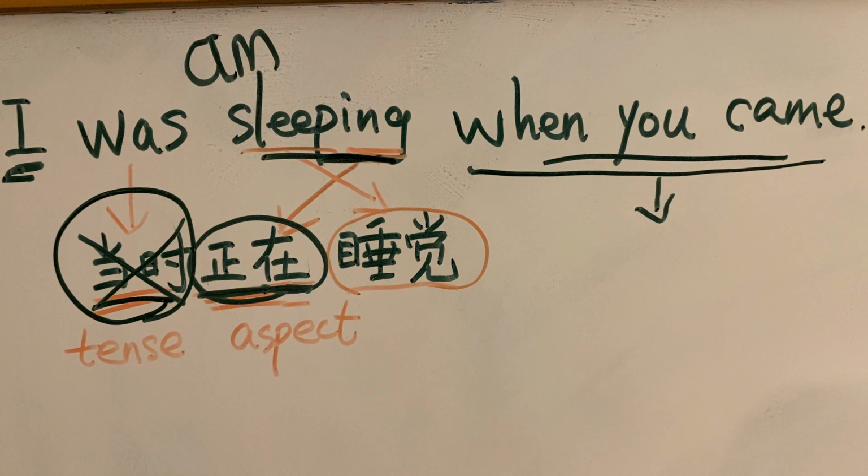You can mix up the tense and aspect only to save your energy. You delete this one to save your energy because your listener understands you. You don't have to say that many words.